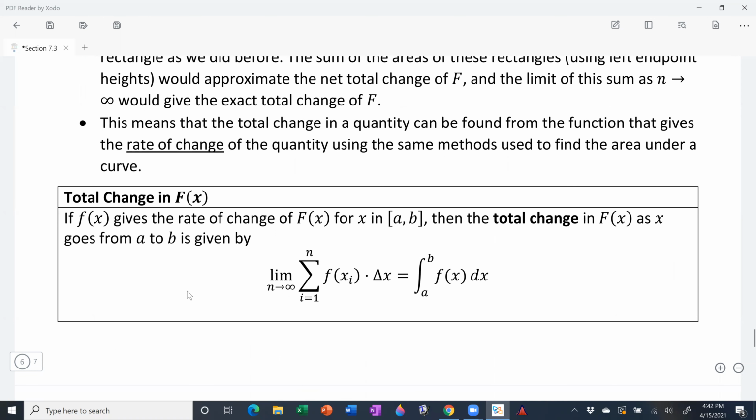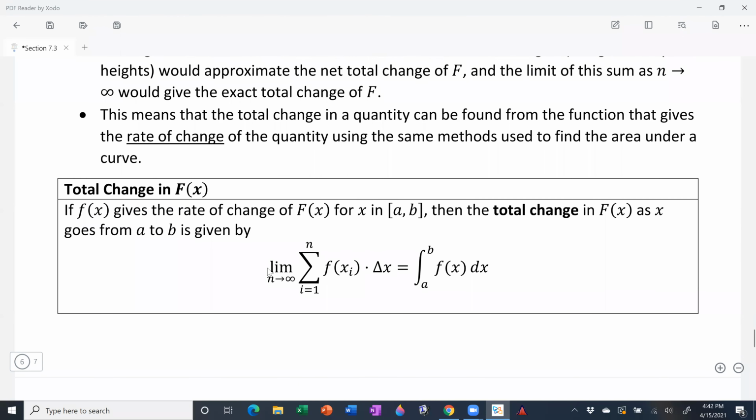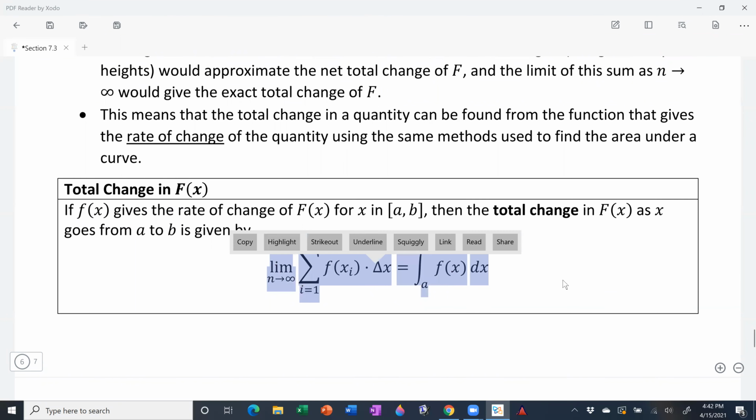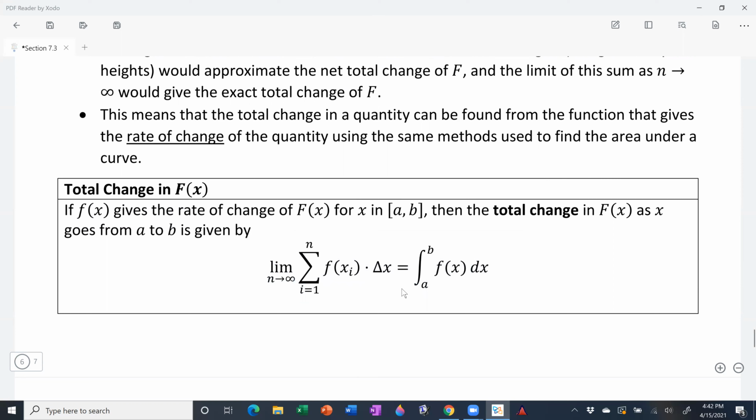If little f of x gives a rate of change of capital F of x, so this is a rate of change function, very important to keep that in mind, for x in a to b, then the total change in capital F of x as x goes from a to b is given by that exact same formula we have for the definite integral. Same formula there, and so it's a different interpretation of the definite integral. This can give us the total change.